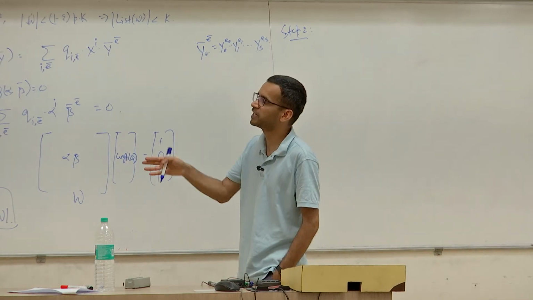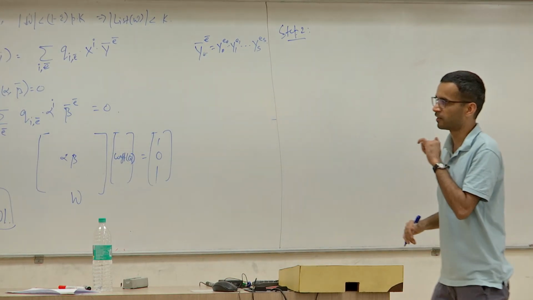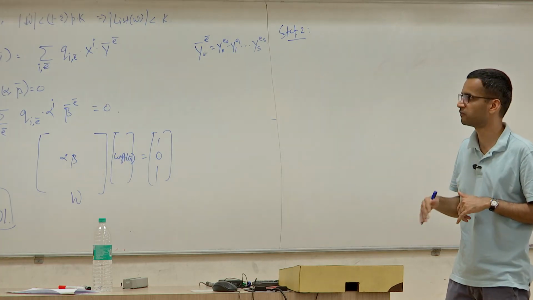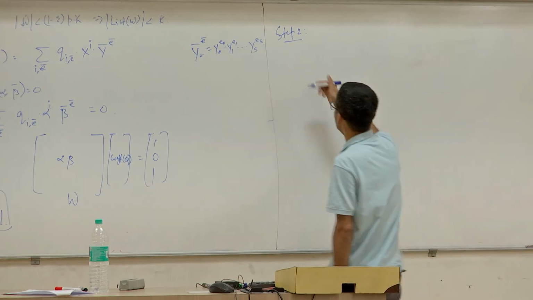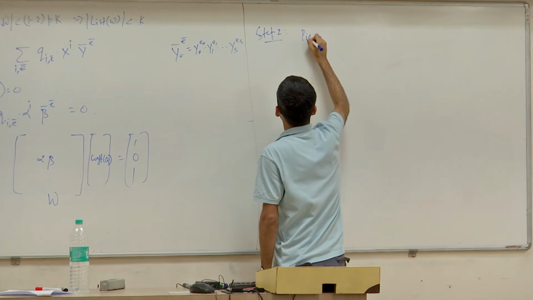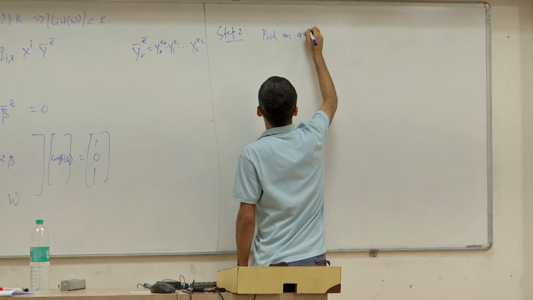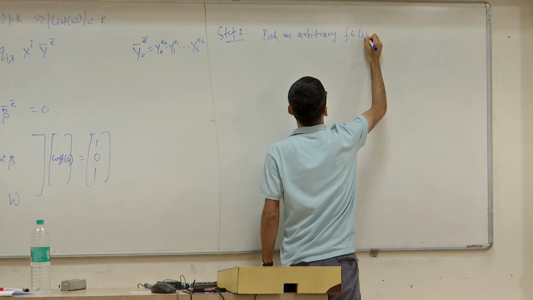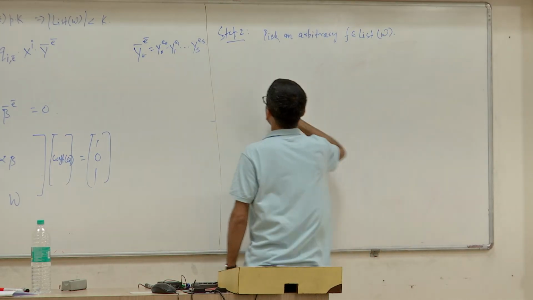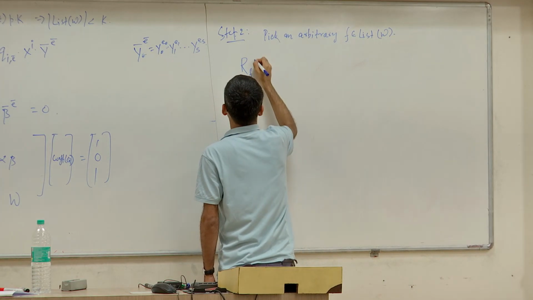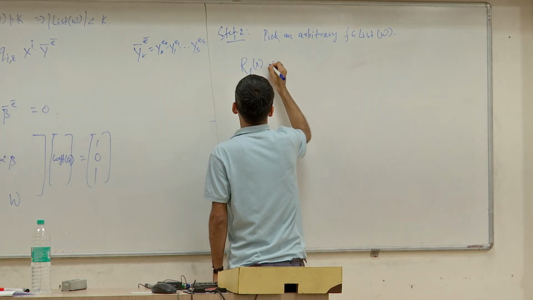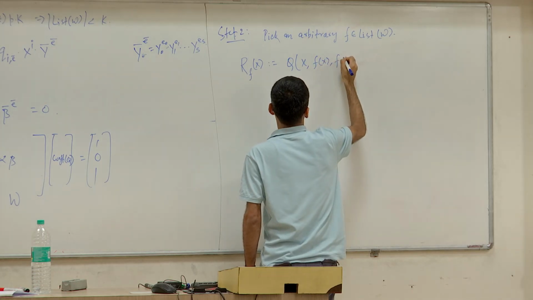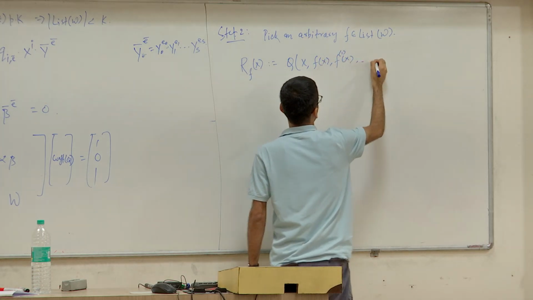We want to show that for every f in the list, if we replace the variable yi by the ith derivative of f, what you get is 0. So let's pick an arbitrary f in the list of W, and define the polynomial r sub f of x, which is q of x comma f of x comma the derivative and so on.